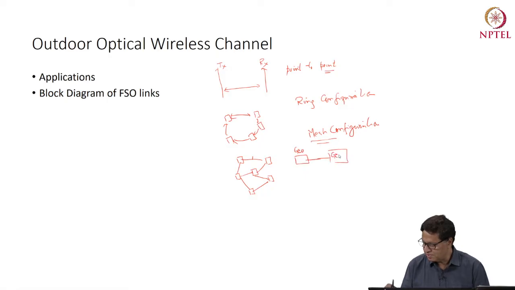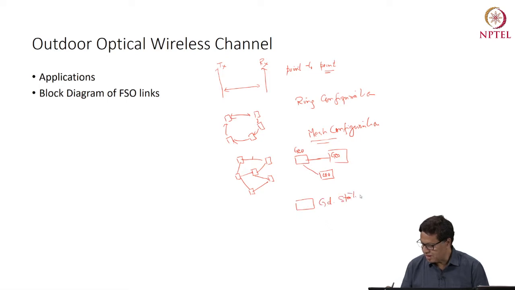These are satellite terminals. Or you can have connectivity with a LEO satellite. So these lines which I am drawing here, they are actually optical wireless channels. They are in space, in free space. And there can also be connectivity with a ground station, for example.